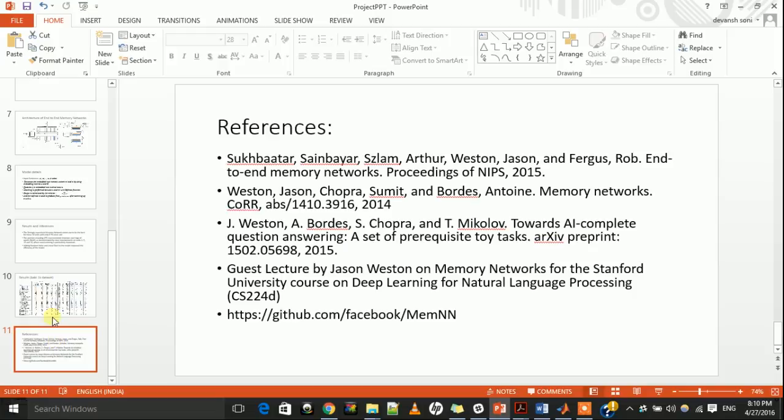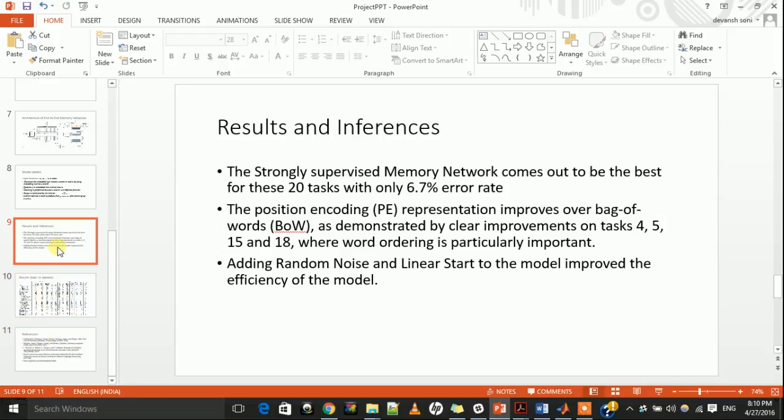Now let's go to the other results. We understand that the position encoding representation improves the bag of words model, as demonstrated by improvements on tasks 4, 5, 15 and 18, where the word ordering is particularly important.